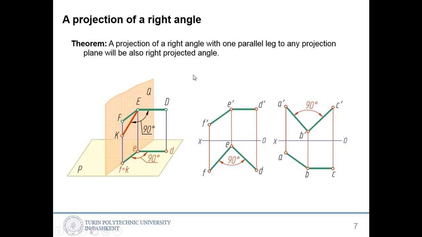So another topic is projection of a right angle. There is a theorem: the projection of a right angle with one leg parallel to any projection plane will also be a right angle. Okay.